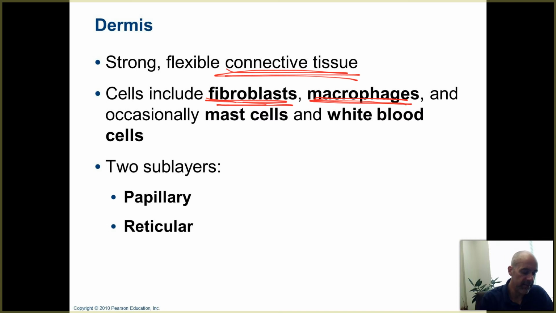You have mast cells, which we talked about a little bit in chapter 4. They signal your immune system to come in and clean up damage, fight off infections when you get injured, burned, or you have an infection. And white blood cells are involved in those processes as well. So you will find all of these different cell types in the dermis.